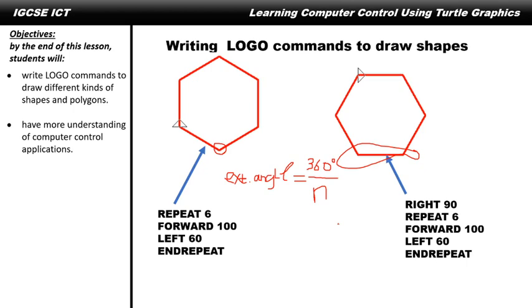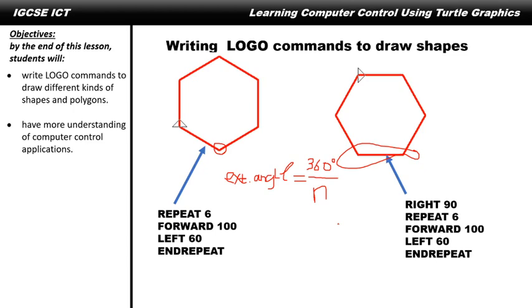So when you repeat 6, forward 100, which is the length of the edge of the polygon, left 60, it will spit out the polygon like that. So take note of this exterior angle.